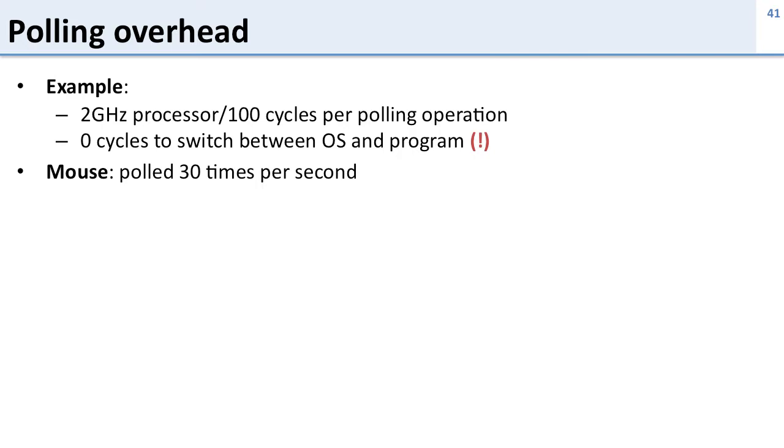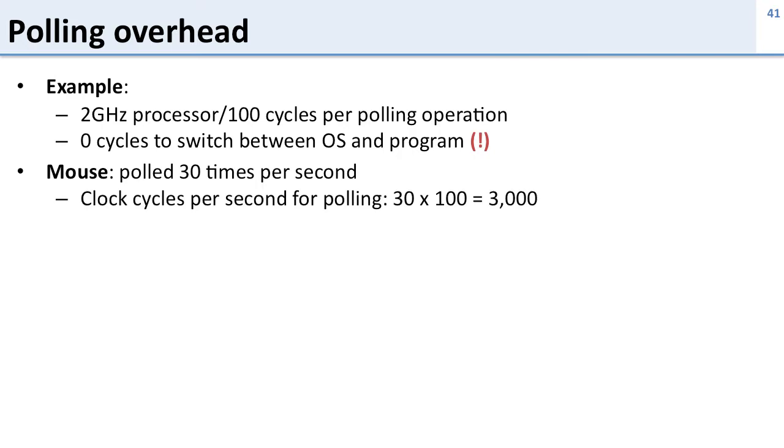The mouse needs to be polled 30 times per second. Each time we poll it, we spend 100 cycles. That's 3,000 cycles per second checking the mouse. That's 3,000 cycles per second out of 2 billion cycles per second, so that's 0.00015%. It's a teeny amount of the processor time to poll the mouse. So that's clearly not a problem.